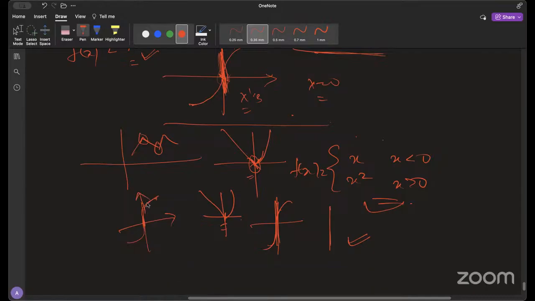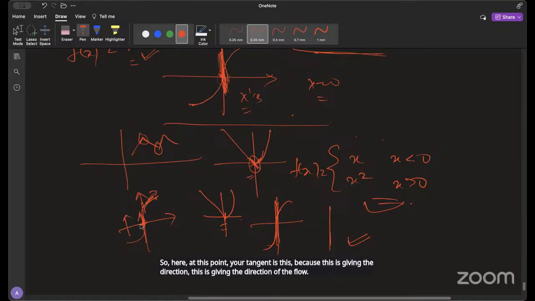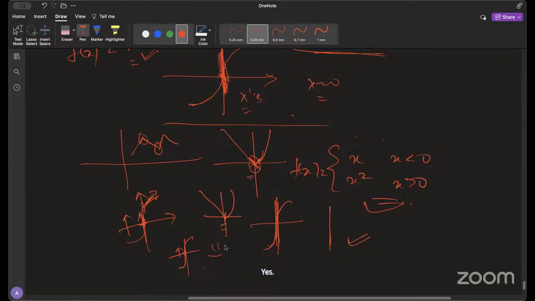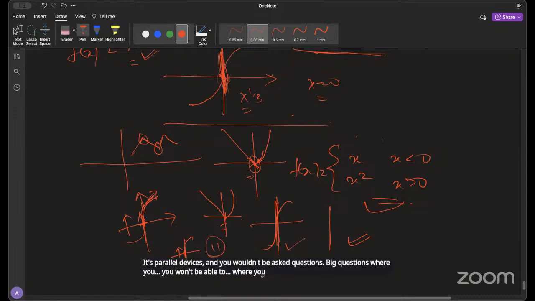Graphically, it gives you the direction of the flow at this point, as we've discussed several times in class. So here your tangent is this, and it's parallel to the y-axis. You wouldn't be asked vague questions where you are confused whether your tangent is a straight line or what it is. You won't be asked questions like that.